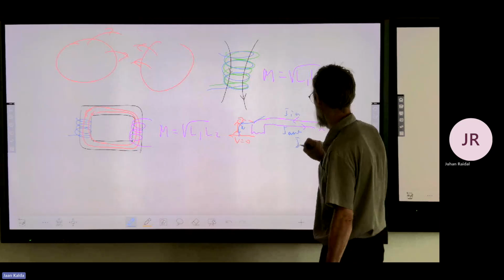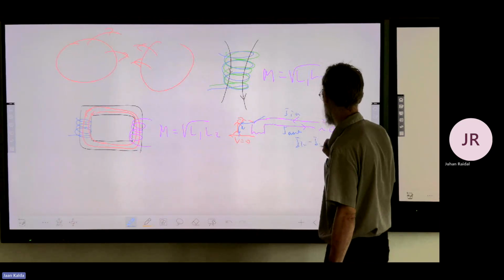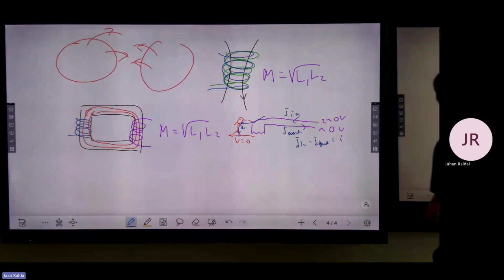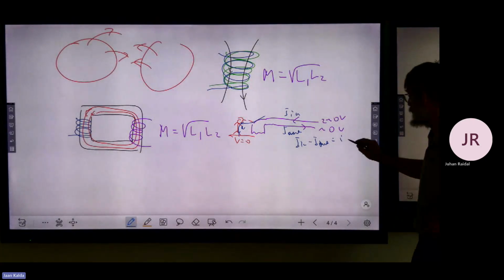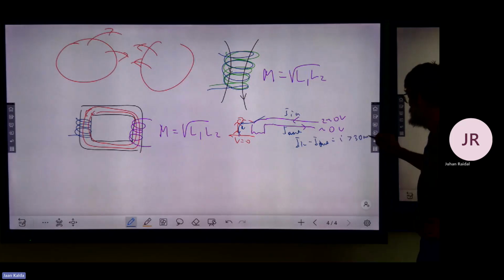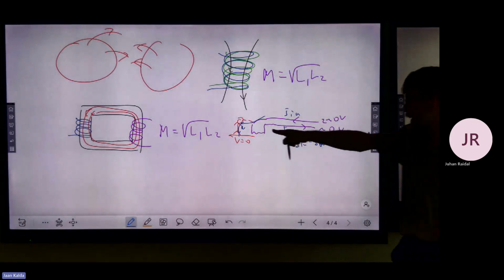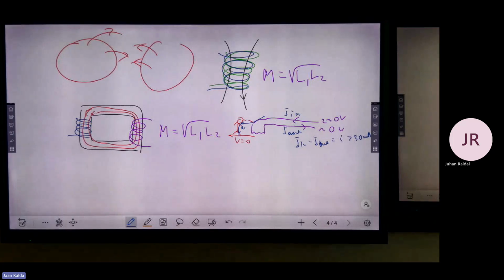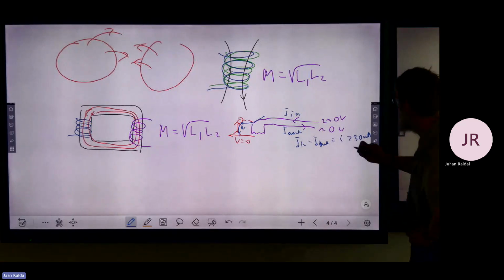Then I in minus I out equals the current which goes through you. And if this is larger than around 30 or 20 milliamps, then it is dangerous for your life. And this device switches off as soon as this happens.